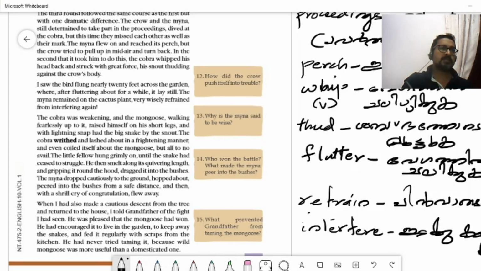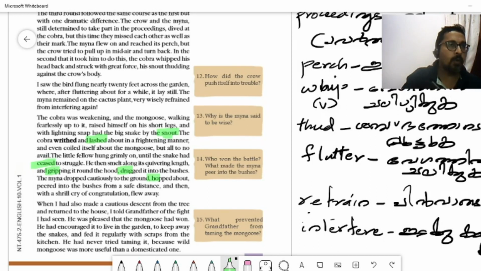The cobra was weakening, and the mongoose, walking fearlessly up to it, raised himself on his short legs, and with lightning snap had the big snake by its snout. See, again difficult words here. Snout, lash, seize, hard words, grip, drag.